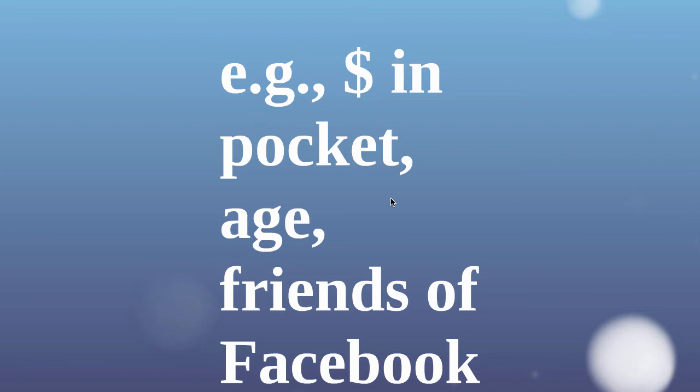Those are actual numbers. Age is an example that I used. It's also a quantitative variable. And friends on Facebook. So how many people are you friends with on Facebook? It's an actual number that would be recorded.